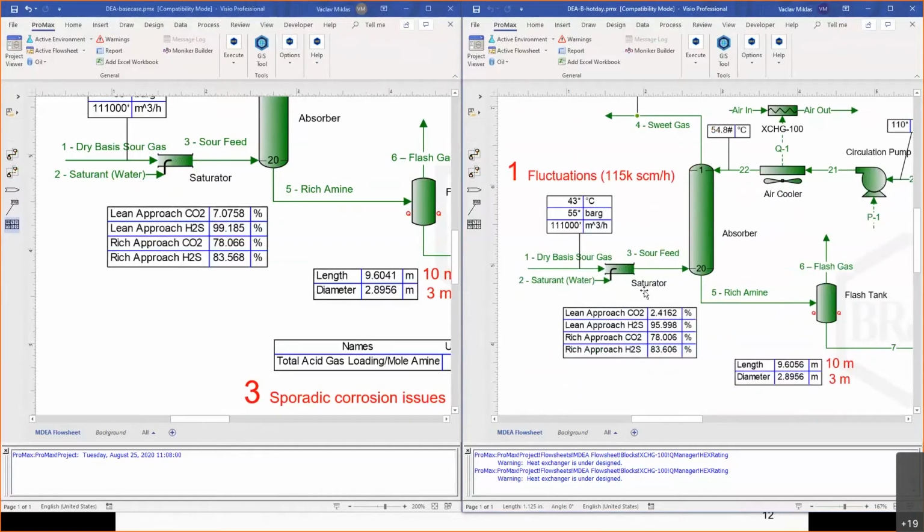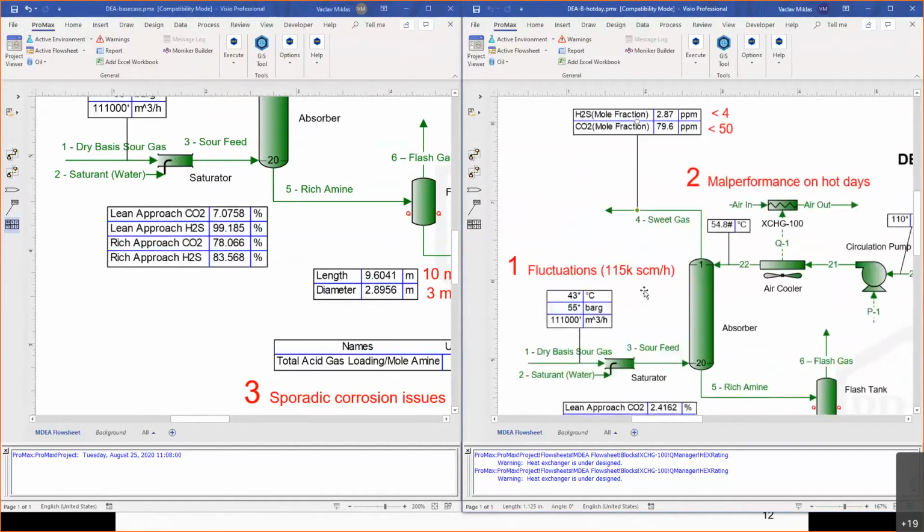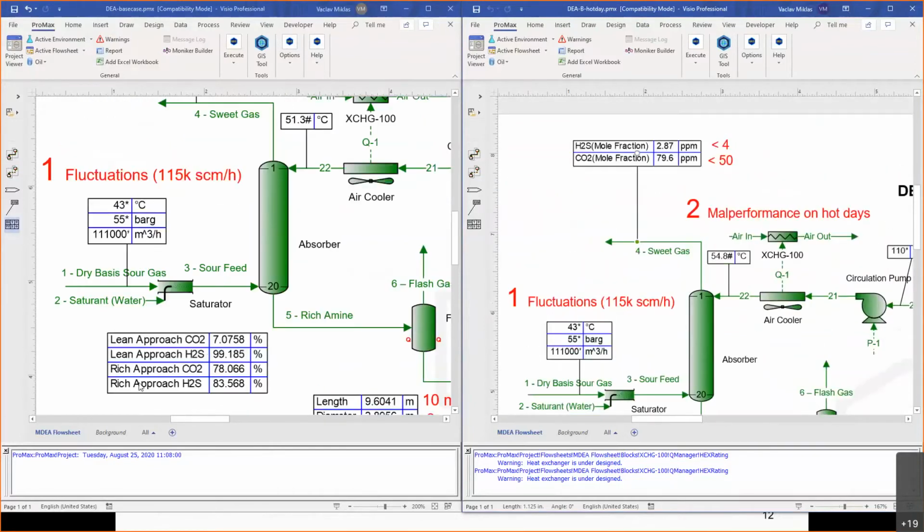So what is actually the reason why the performance is worse? The approaches, they are describing mass transfer. So these are about fugacities or partial pressures, if you will, between the vapor and liquid phase. But in the liquid phase, what's also happening are the chemical reactions associated with amine sweetening. And these reactions are exothermic.